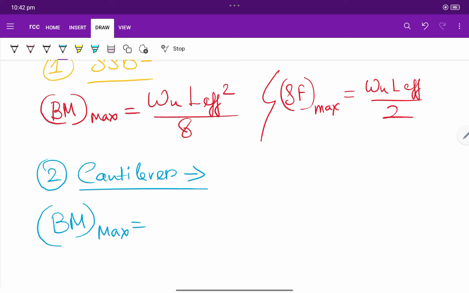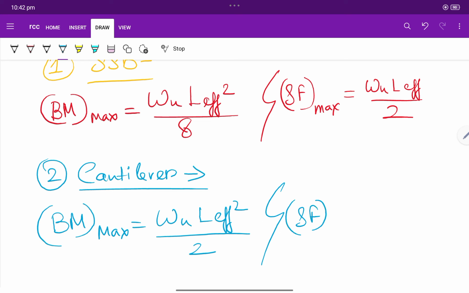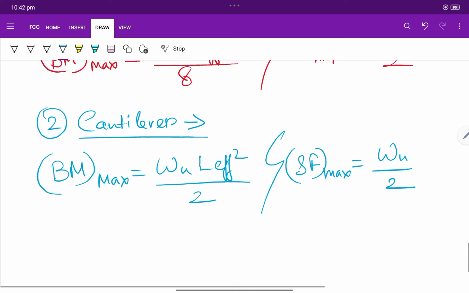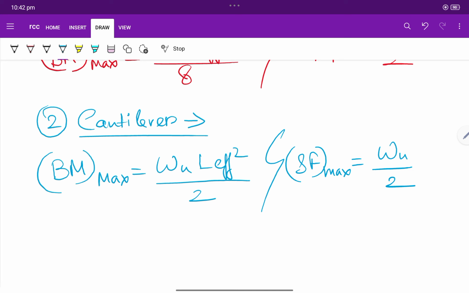It is WL square by 8 for a simply supported beam, and for a cantilever it is WL square by 2. And the maximum shear force is just W L. So this is step 5. Now we will see step 6.